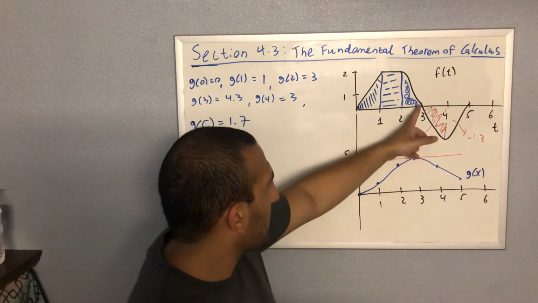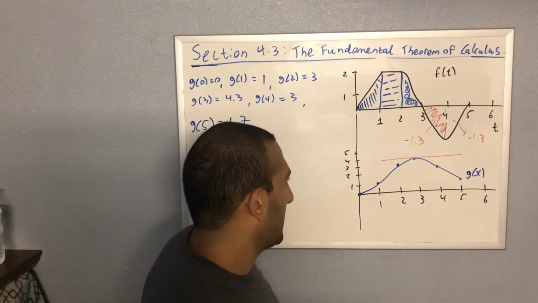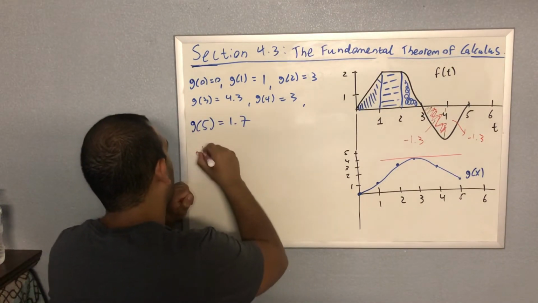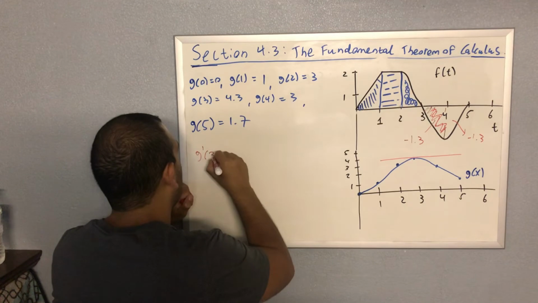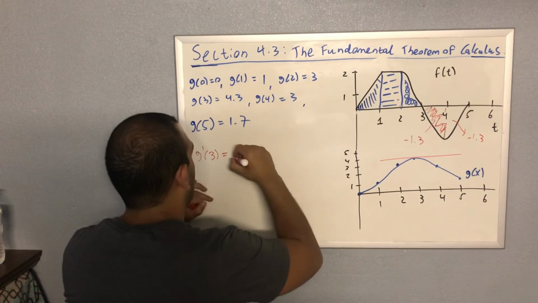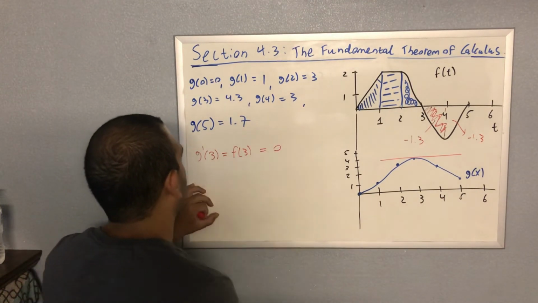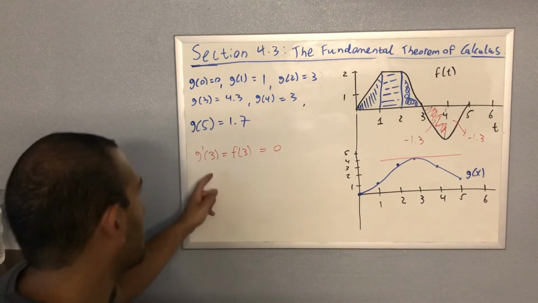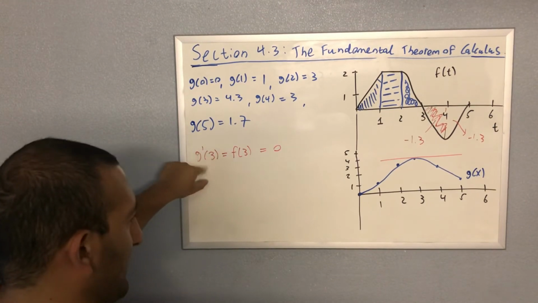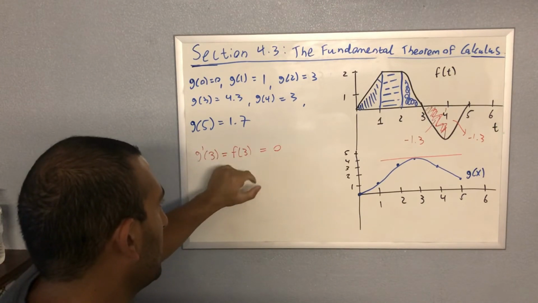And now look, at 3, this has a value of 0. So what you can say is that g prime at 3 is the same thing as f of 3, which is 0. Interesting observation. The derivative of g is the same as the output of the function at the same point.